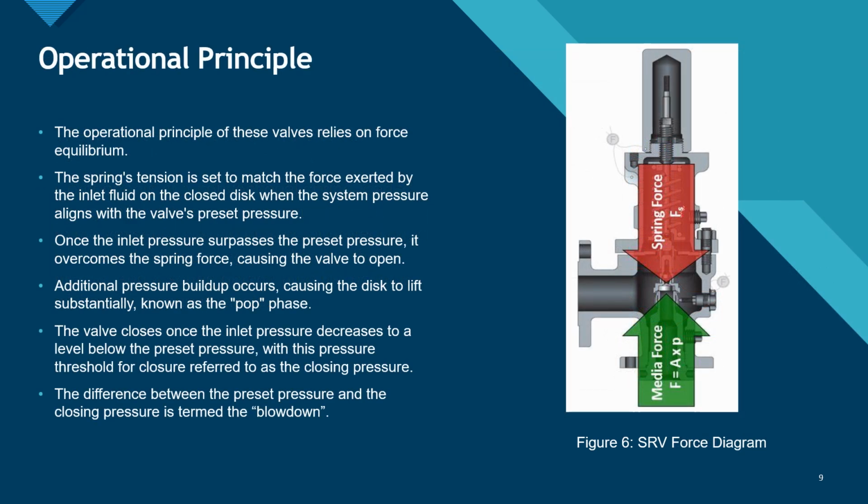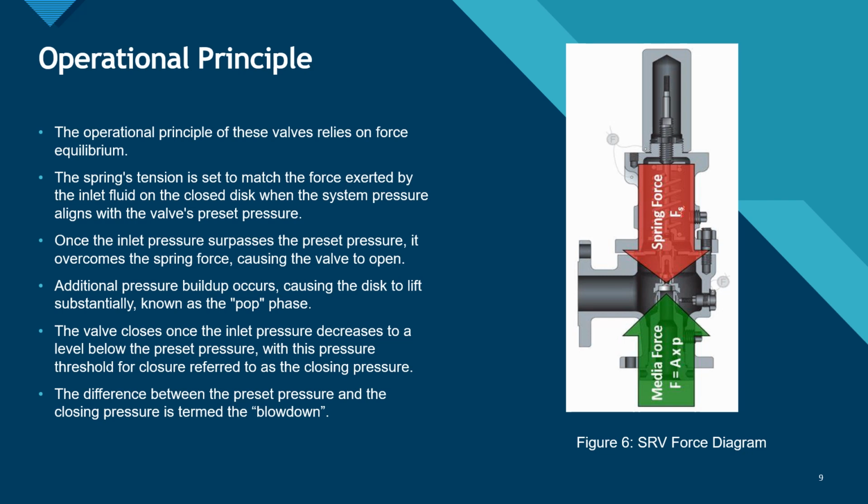The operational principle of PSVs is reliant on force equilibrium. The spring's tension is set to match the force exerted by the inlet fluid on the closed disc when the system pressure aligns with the valve's preset pressure. Once the inlet pressure surpasses the preset pressure, it overcomes the spring force, causing the valve to open. Additional pressure buildup occurs, causing the disc to lift substantially, known as the pop phase.